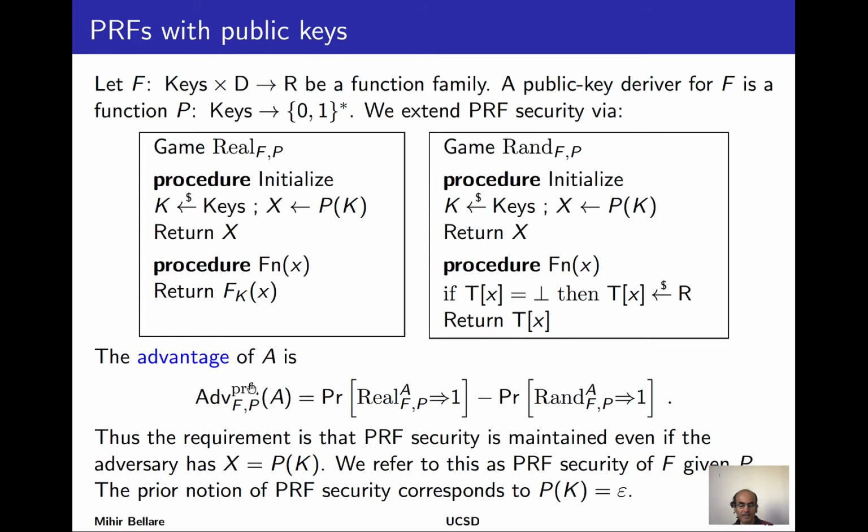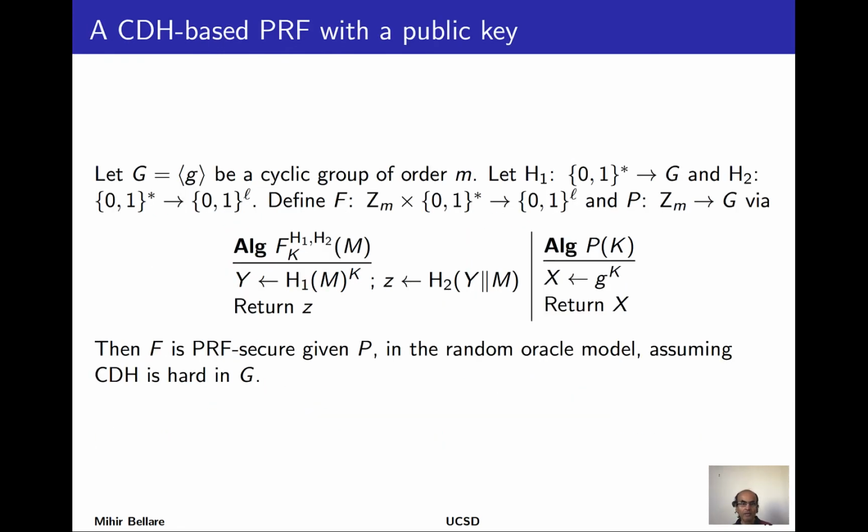We still call it PRF. The subscript now includes our public key deriver, and it's the difference in the probabilities that the adversary outputs 1 in these two games. And notice that the PRFs that we know and love from before are the special case in which the public key deriver just returns the empty string. So we've generalized the prior notion. Now, why do we want to do this?